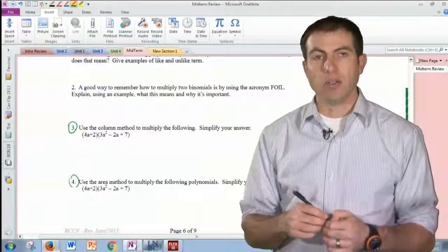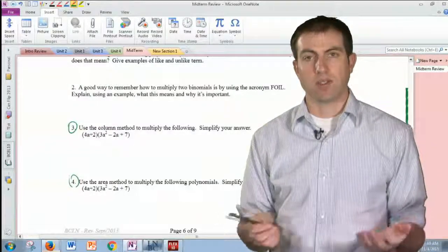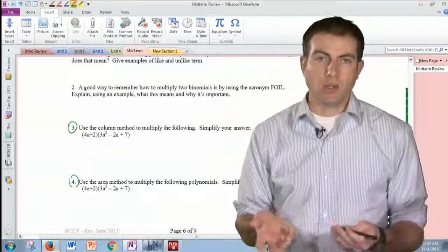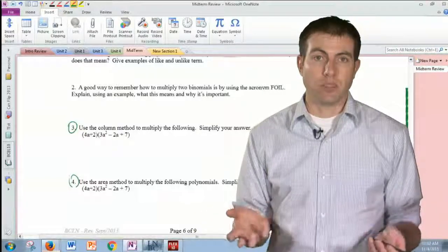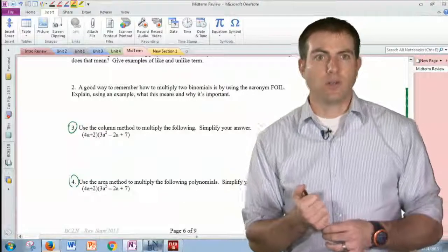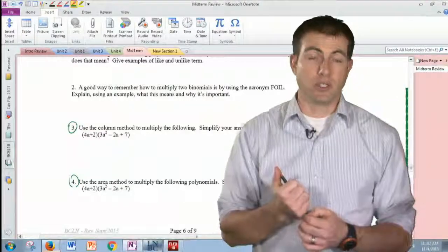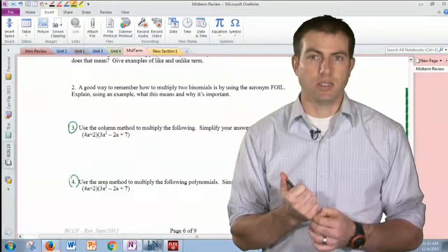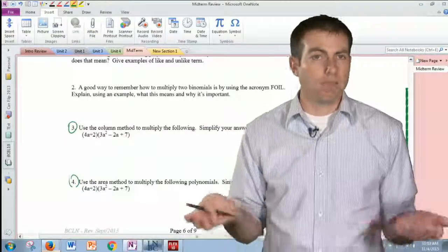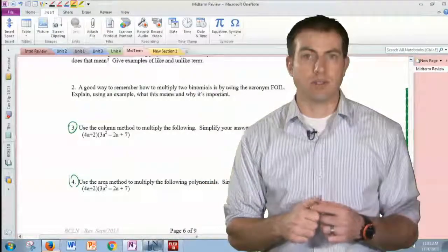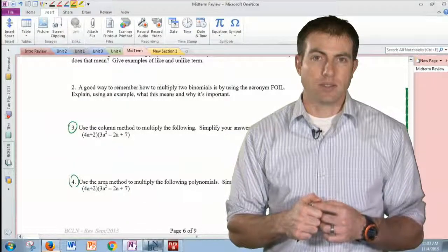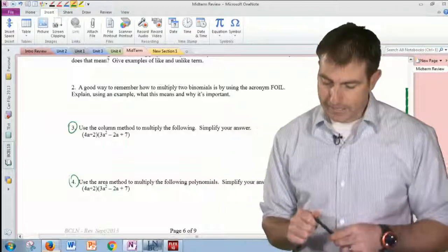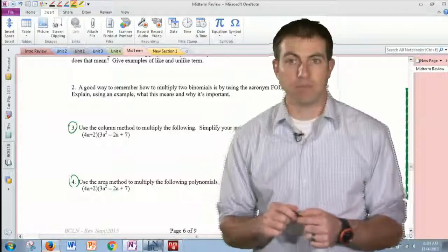So when you come to a question like this, and this isn't just specific to Jade, but everyone, if you know how to expand it and multiply it out, then just do it. You're going to get to the right spot. It's really difficult on a provincial exam or even a test for somebody to say you must do it this way. You can do the question however you want. There's no requirement for you to do it one particular way. So if you can expand these, just expand them.